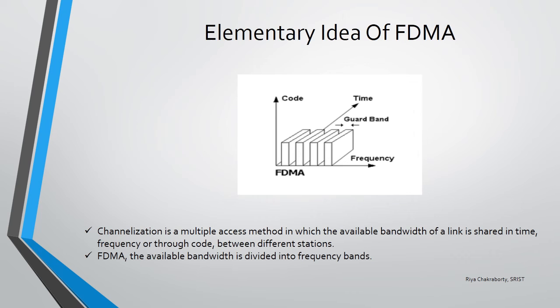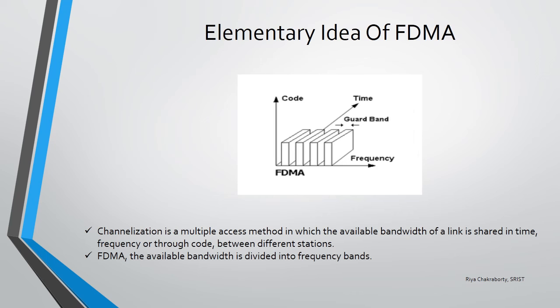When the available bandwidth of a link is shared through frequency, this is called frequency division multiple access. In FDMA, the available bandwidth is divided into frequency bands. Each station is allocated a band to send its data. In other words, each band is reserved for a specific station and it belongs to the station all the time.